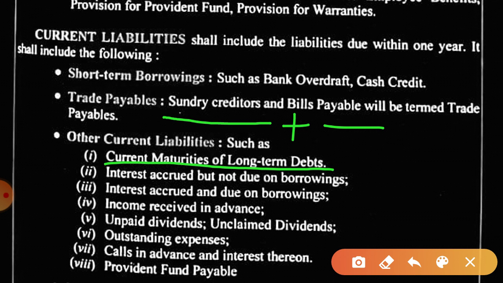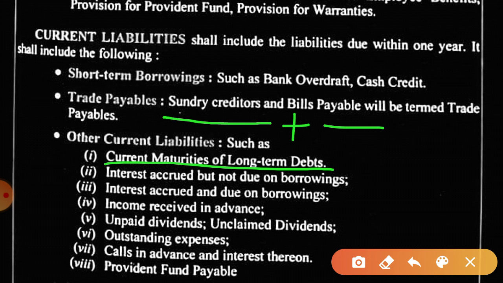Then interest accrued but not due on borrowings, the interest which is payable. As you know, once we take debentures, the interest on it becomes accrued. Like, interest is to be paid in 6 months, so in September it is to be paid, but in April, May, June, July, August it is accrued, but it is not due to pay, isn't it?